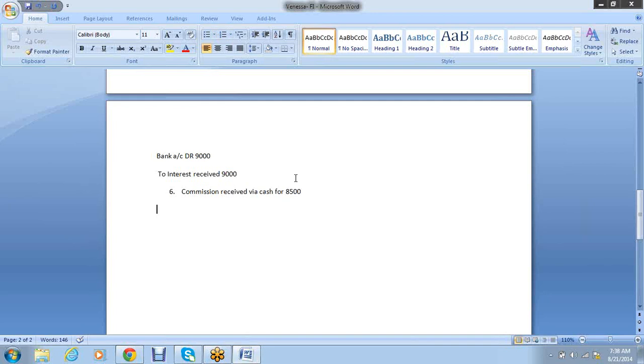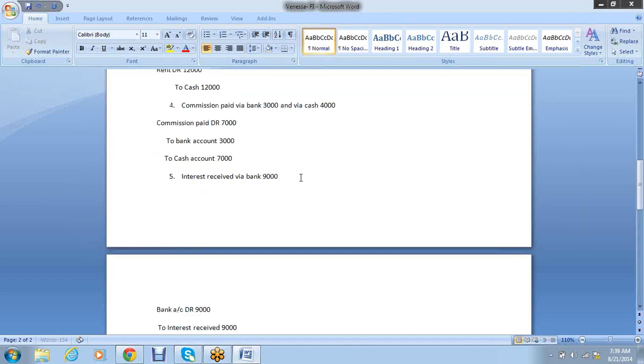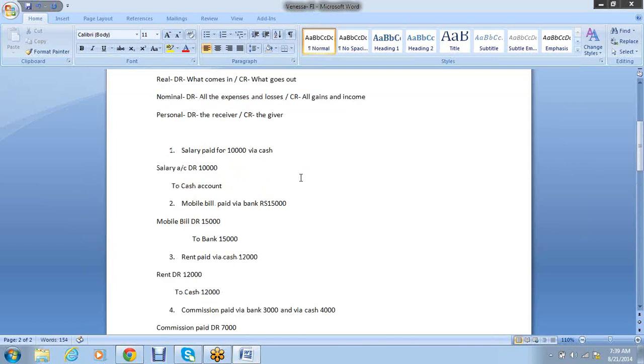The cash is debited for 8,500 and commission is credited. Cash comes in, so the cash account is debited, and commission is credited. Okay, so with nominal and real accounts, you are not comfortable, right? Yes.